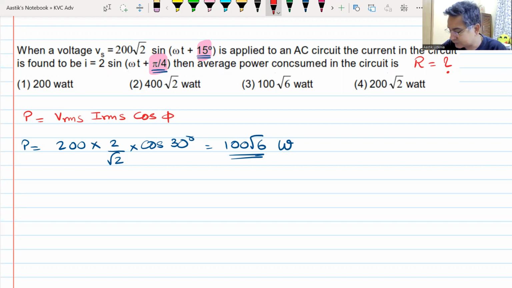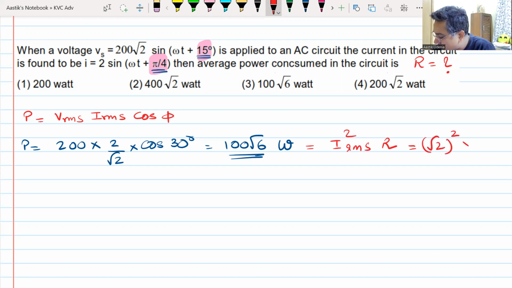Sir, P average is equal to IRMS squared into R. That is the formula that you should remember. IRMS is root 2, so it is root 2 squared multiplied by R. Root 2 squared is 2.